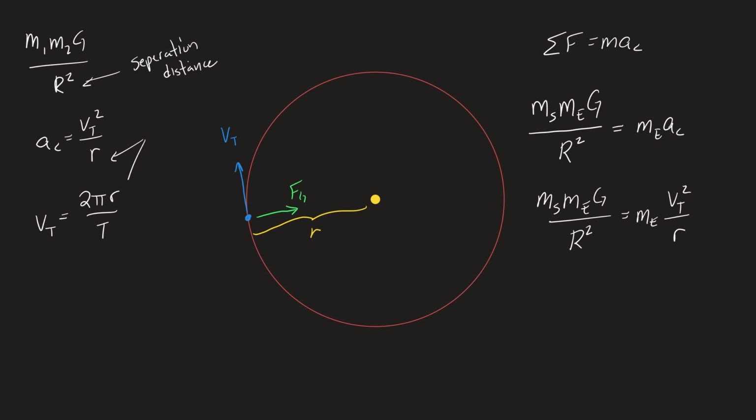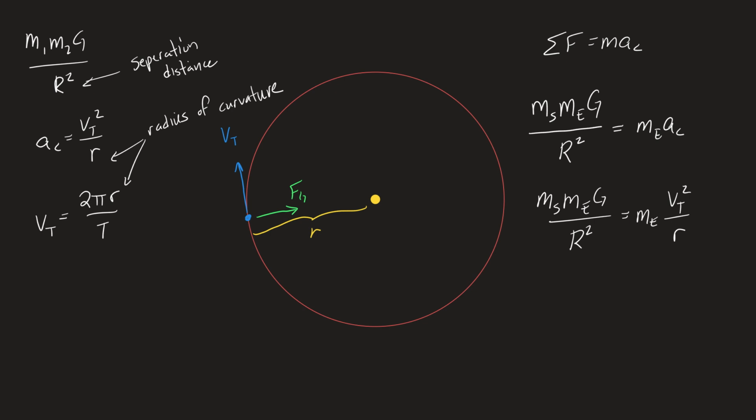This R and this R is radius of curvature. For the most part in this class, we're always going to have situations where the radius of curvature and the separation distance are the same. But you should know they don't have to be.